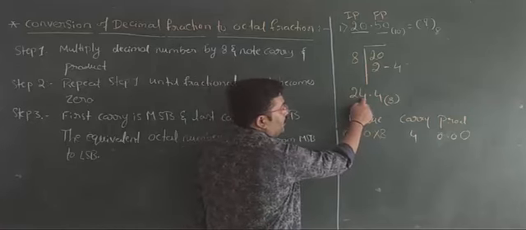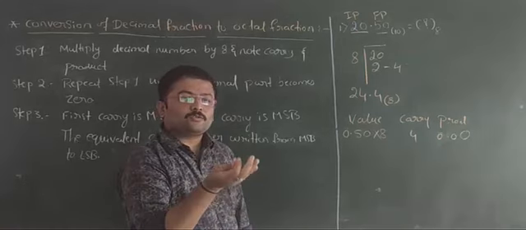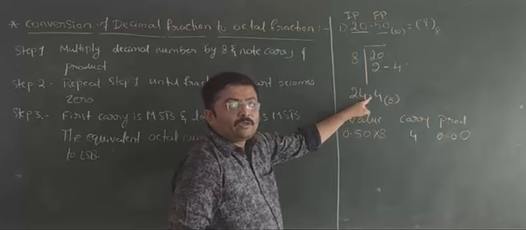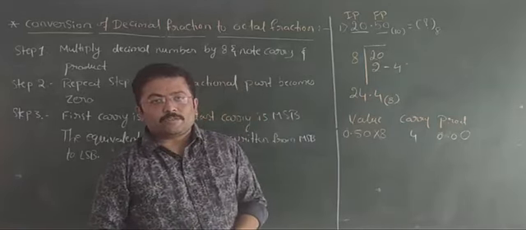Before the decimal point, the digits should be multiplied by 8 raised to 0, 8 raised to 1, 8 raised to 2 and so on. After the decimal point, the digits should be multiplied by 8 raised to minus 1, 8 raised to minus 2 and so on.